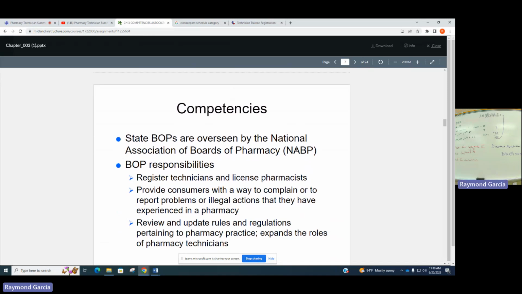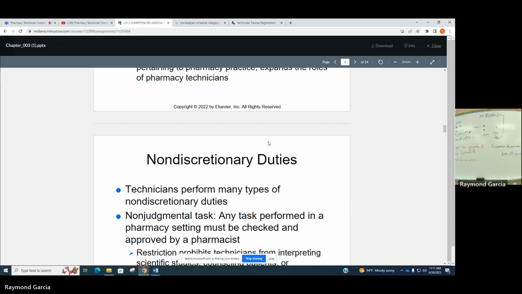Board of Pharmacy responsibilities: they have to register technicians and licensed pharmacists, provide consumers with a way to complain or to report problems or illegal actions that they have experienced in a pharmacy, review and update rules and regulations pertaining to pharmacy practice, and expand the roles of pharmacy technicians.